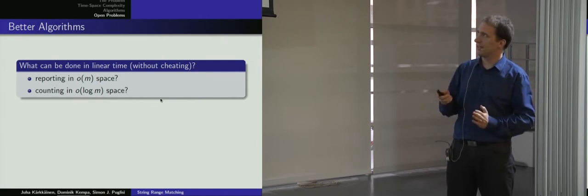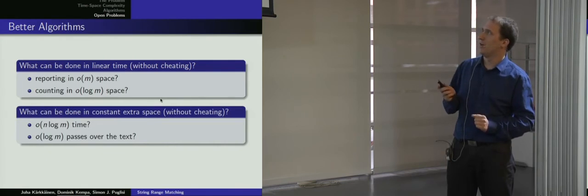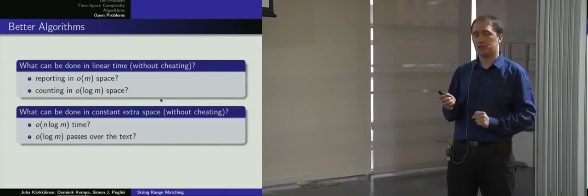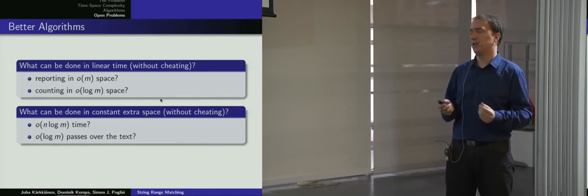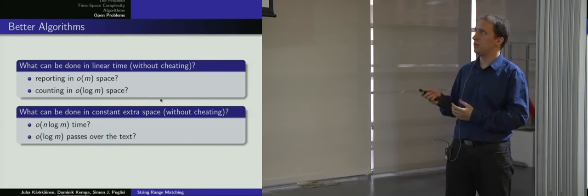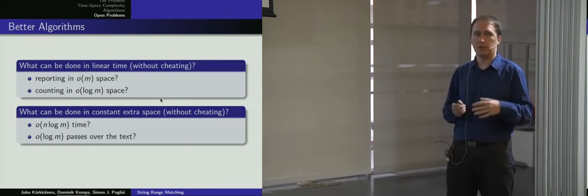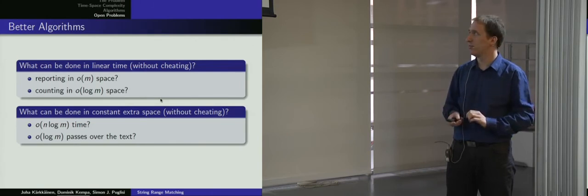Or you could also ask an orthogonal question: what can be done in constant extra space without cheating? Can we do faster than n log m? Or if we can't, can we at least reduce the number of passes over the text, perhaps making it a streaming algorithm that only does one pass over the text?